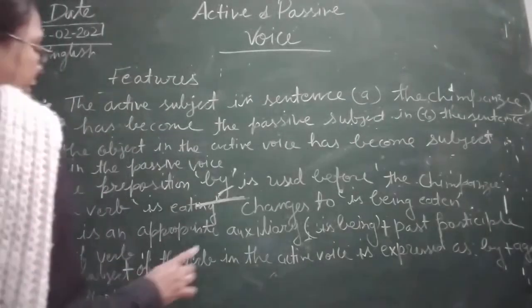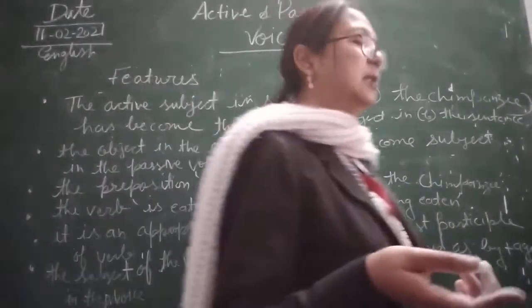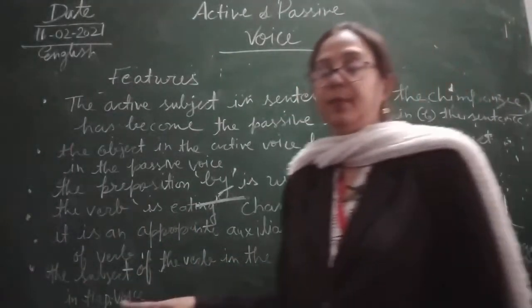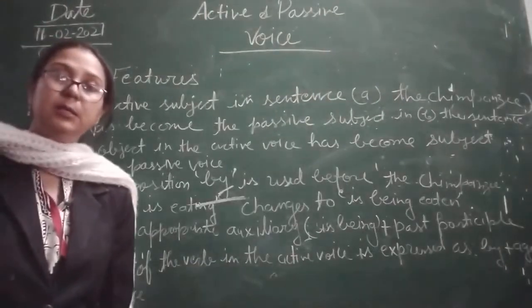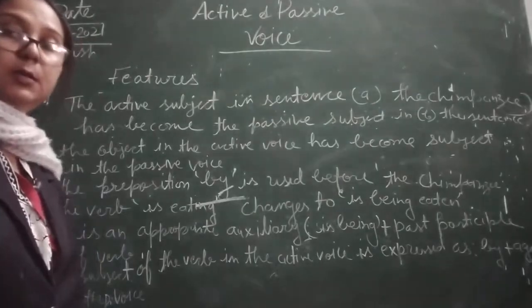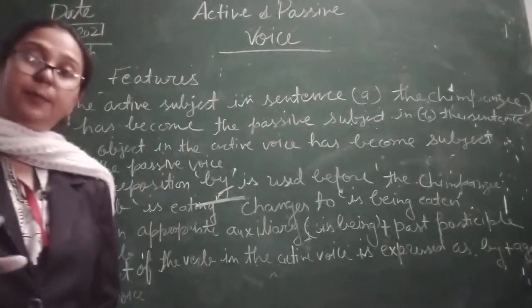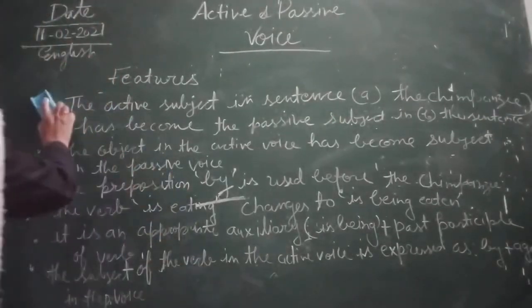So the subject of the verb in the active voice is expressed as by agent in passive voice. By will be used over there. So these are the features you have to learn, because this is an important part of active and passive voice. Now it becomes a prepositional phrase in the passive voice. Okay, so I'll give you one example for that.